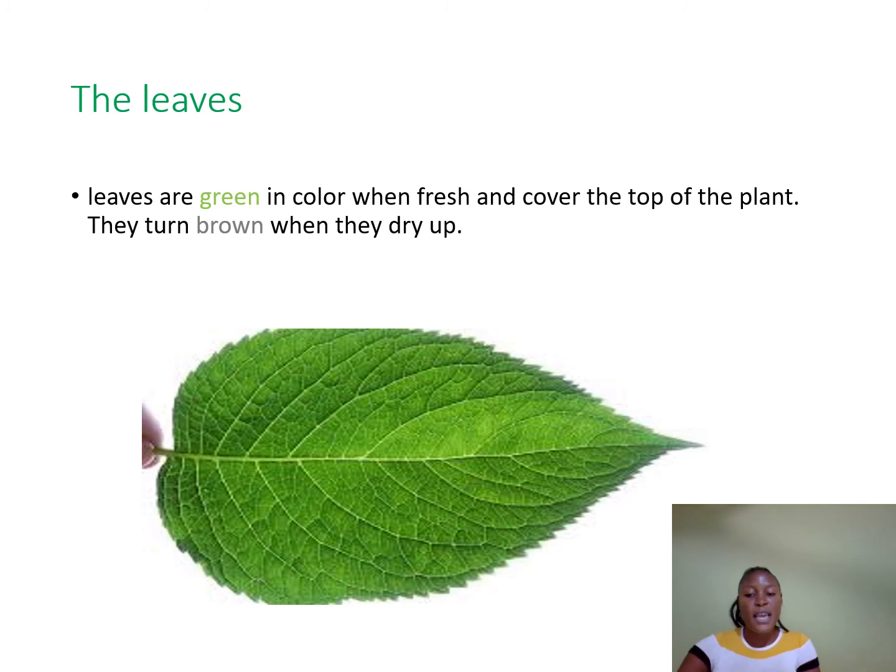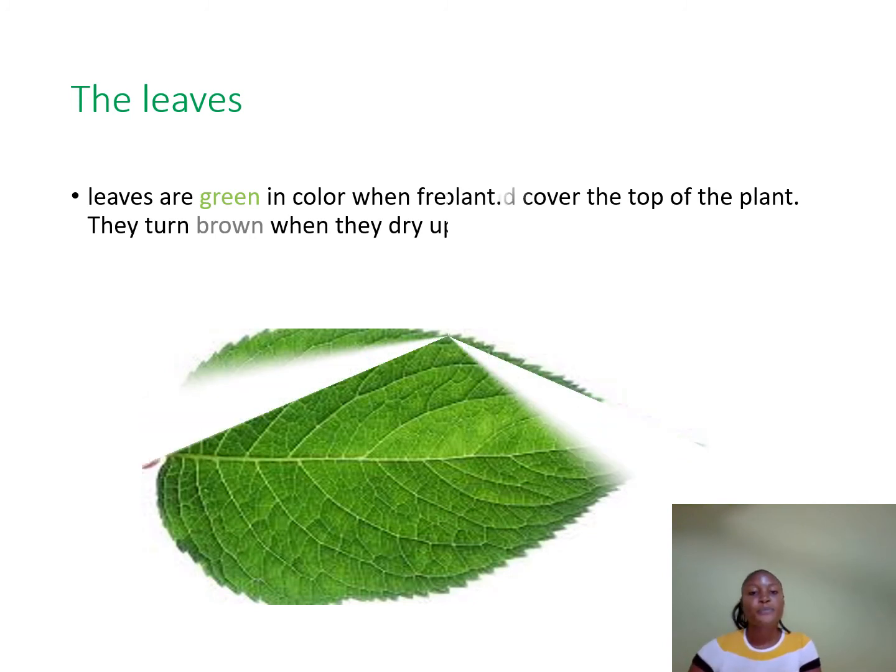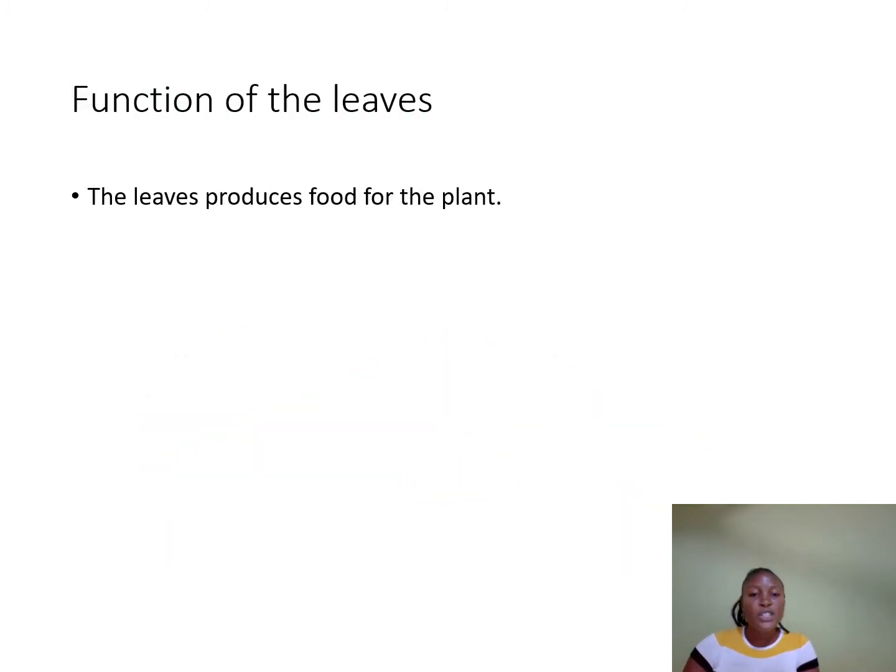Now let's look at its function. Function of the leaves. The leaves produce food for the plant. Now it is known that the leaves produce food for every part of the plant after they have received water, nutrients and carbon dioxide from the soil through the root and stem.